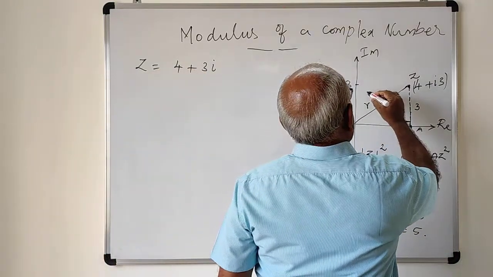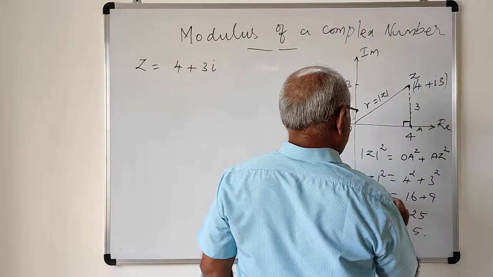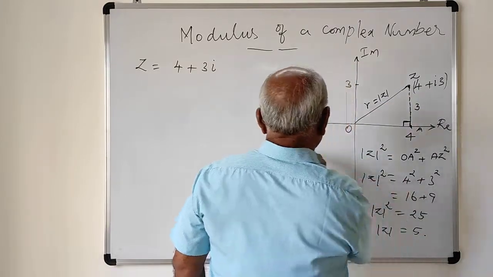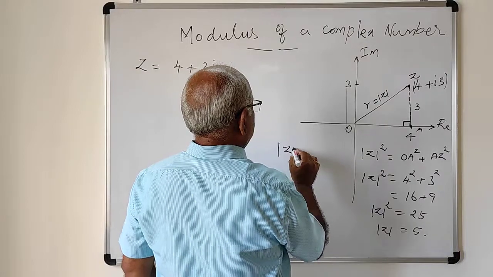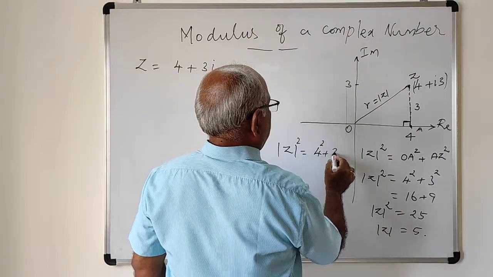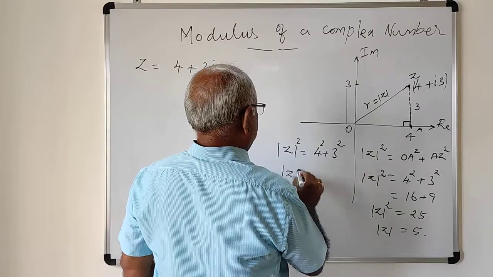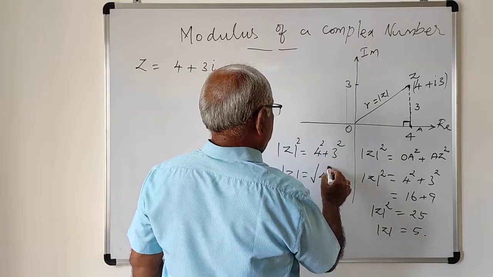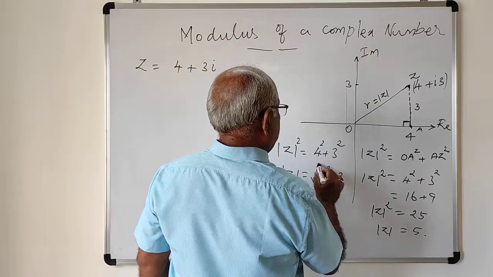So mod Z square is 4 square plus 3 square. From this, mod Z is root of 4 square plus 3 square. This is the modulus.